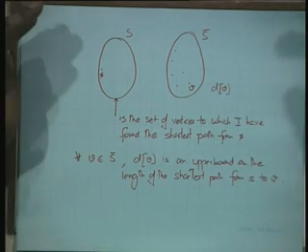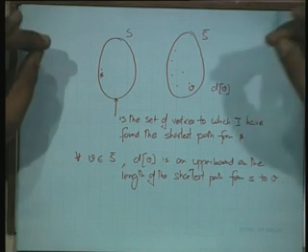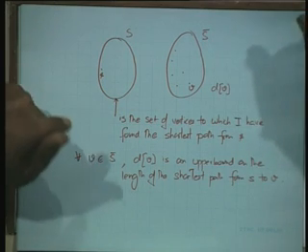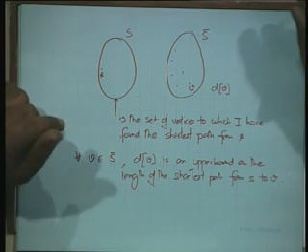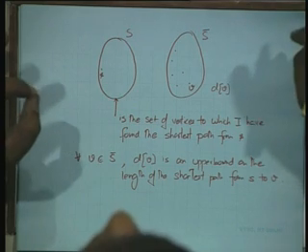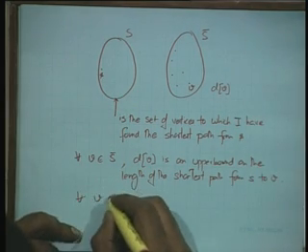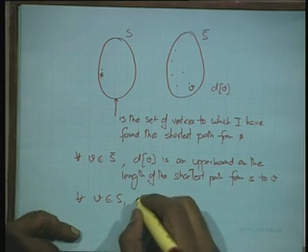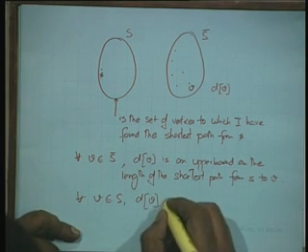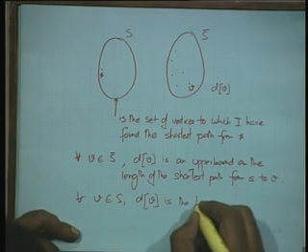It is a quantity which is only larger than the length of the shortest path. It can never be smaller than the length of the shortest path. And for all V in S, d of V is the length of the shortest path.